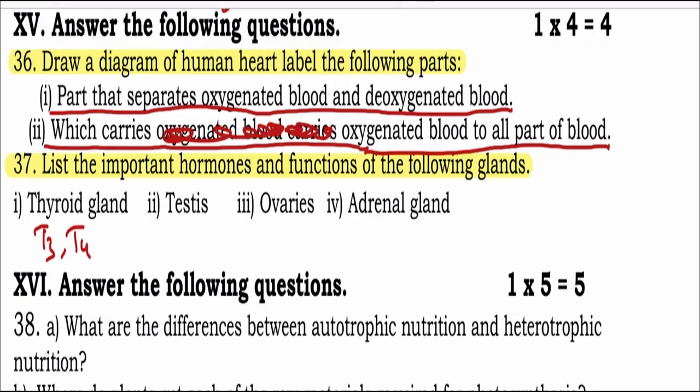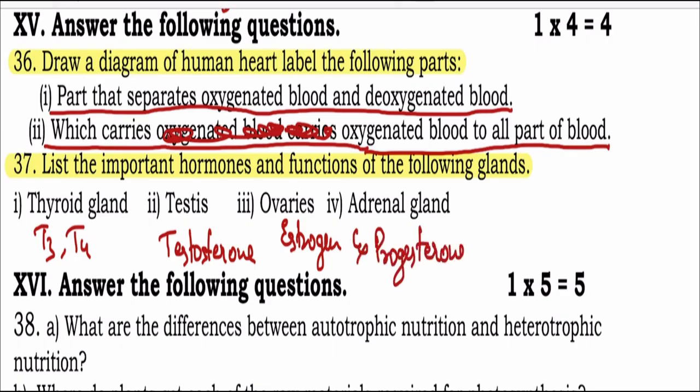Whereas if we come to the testis, the hormone is testosterone, and the function is that it promotes the development of male secondary sexual characters such as facial hair and deeper voice. Next, ovaries: the hormones are estrogen and progesterone, and the function is that estrogen regulates the development of secondary female sexual characters, and progesterone regulates the menstrual cycle.